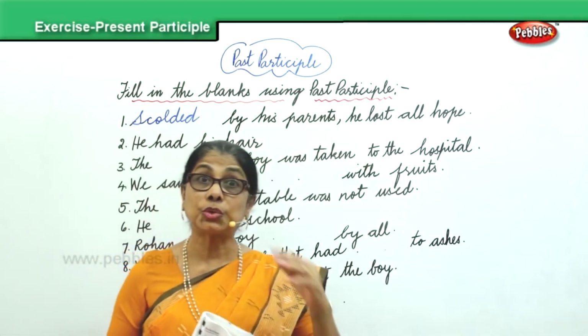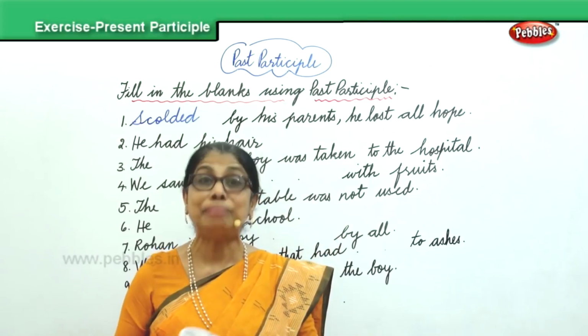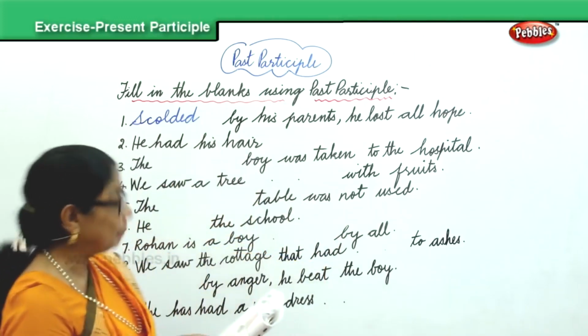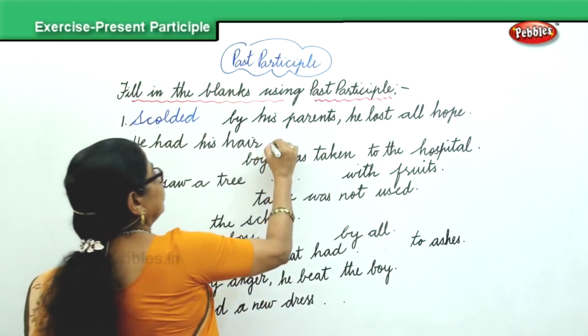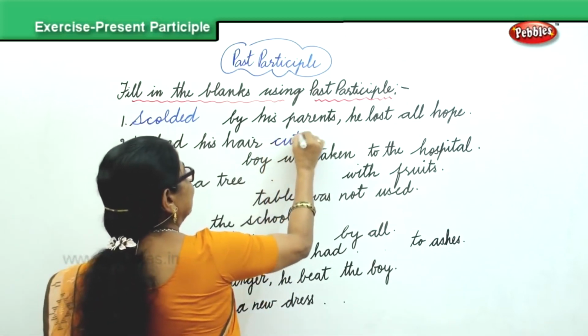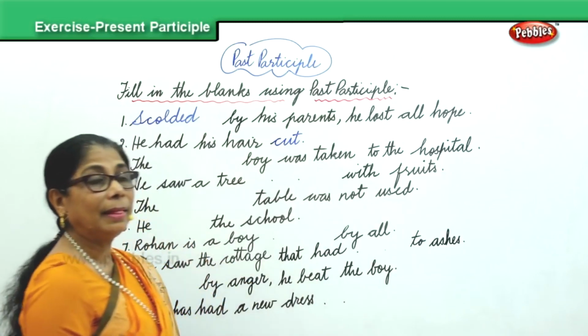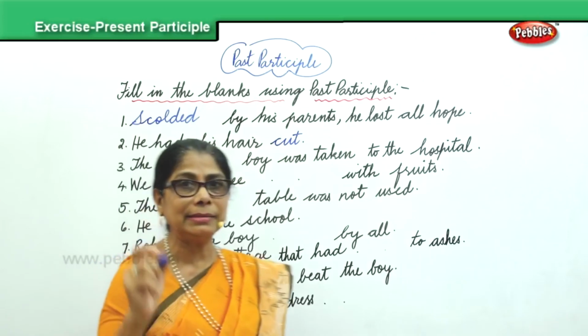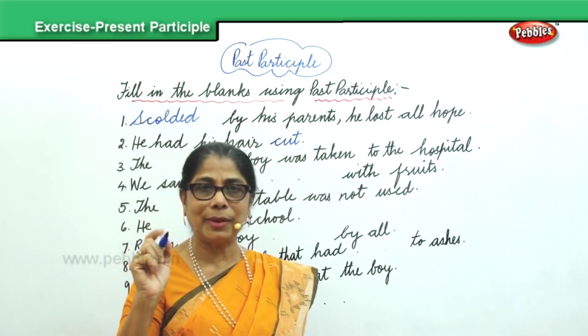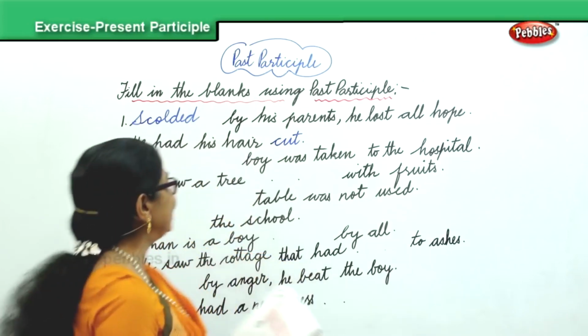Past participle. Scolded. The action is completed. Okay, next. He had his hair cut. There it is finished cutting. The action completed. The verb ends in t. So we have done ed and t.